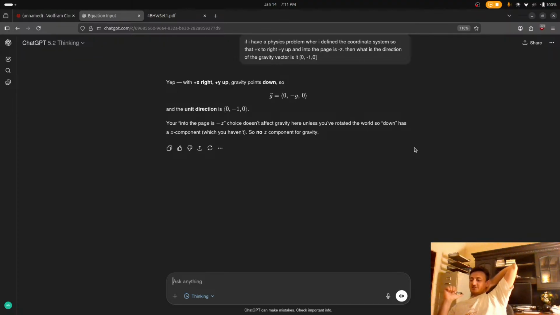But that says that the tension force is pulling up.